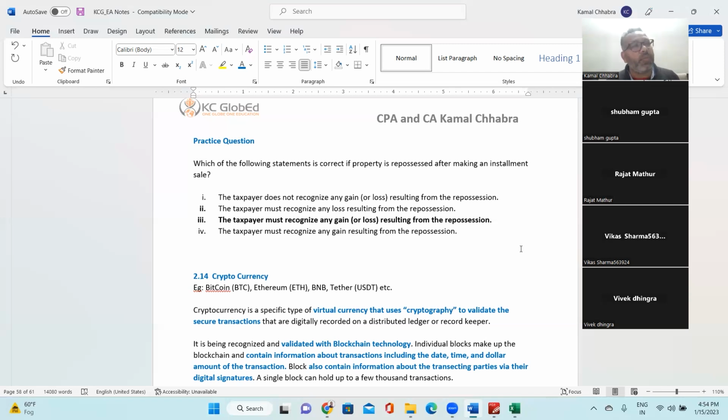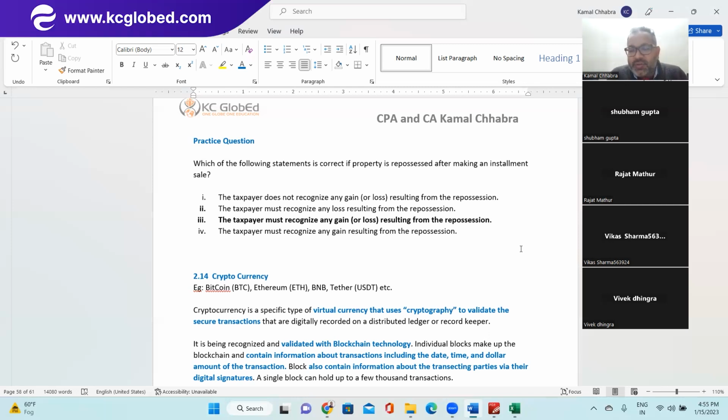So the car value was how much? 100,000. Right? And I have paid how much? 30,000. And now they have sold that car for $80,000. Sold the car at how much? $80,000. So will the company recognize any gain or loss?